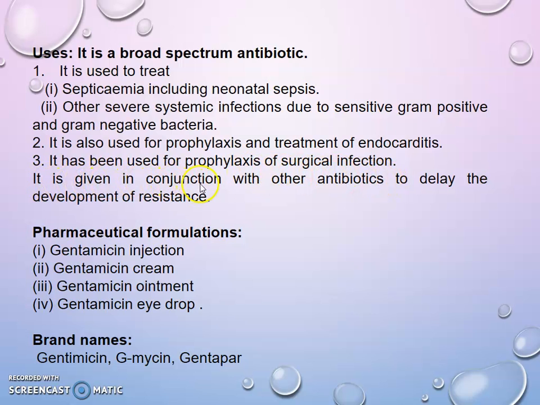It is given in combination with other antibiotics to delay the development of resistance. Pharmaceutical formulation. It is available in the form of gentamicin injection, gentamicin cream, gentamicin ointment and gentamicin eye drop. Brand names gentamicin, G-mycin and Gentapar.